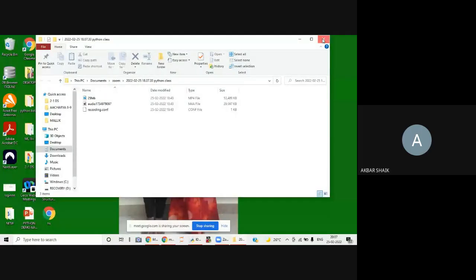Yesterday we discussed three types of operators, right? We saw arithmetic operators, we saw relational operators, we saw logical operators. Now we'll see assignment operators. One minute, I'll share my screen.